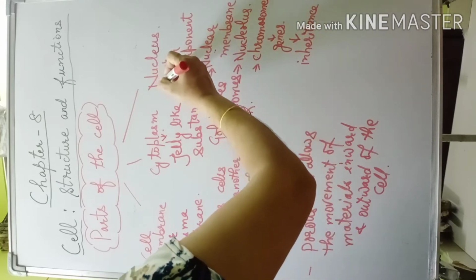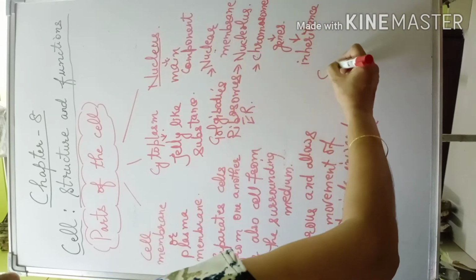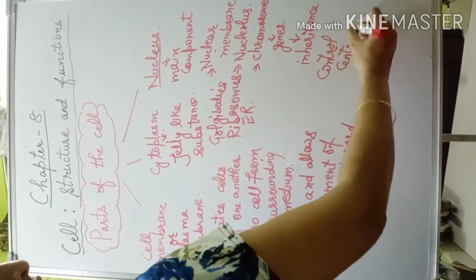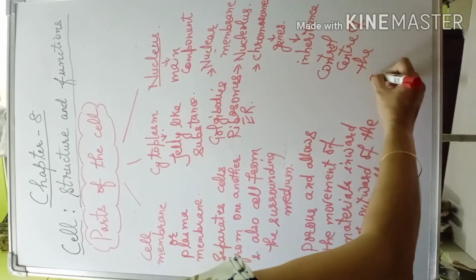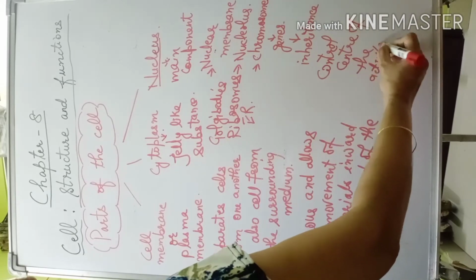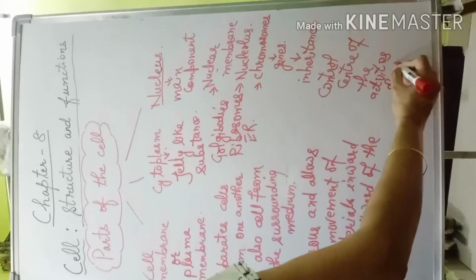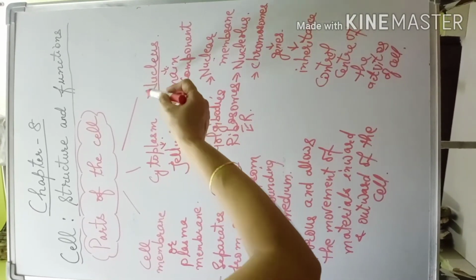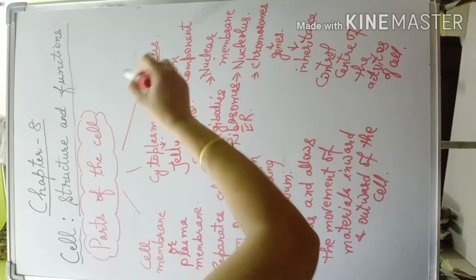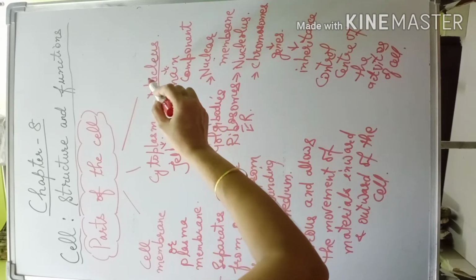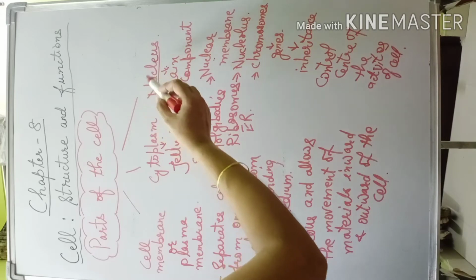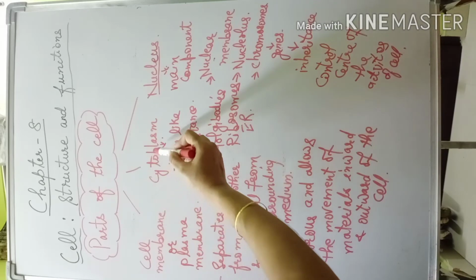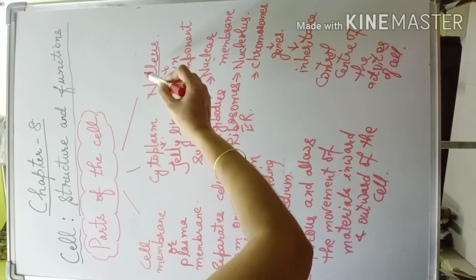Then the third function is that nucleus is the control center of the activities of the cell. For example, the brain is the main component or the control center of the body, and nucleus is the control center of the cell. So these are the main parts of the cell: cell membrane, cytoplasm, and third is nucleus.